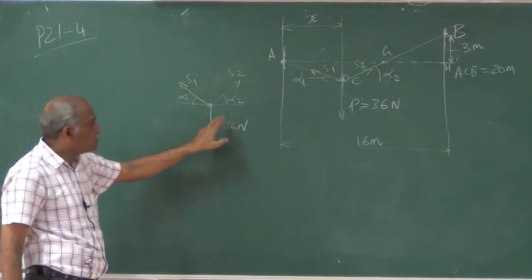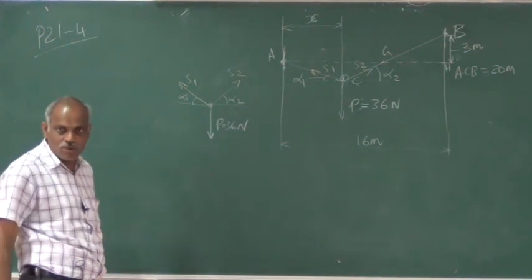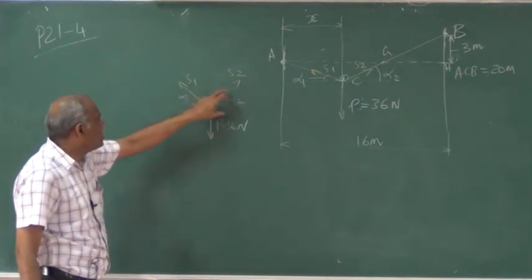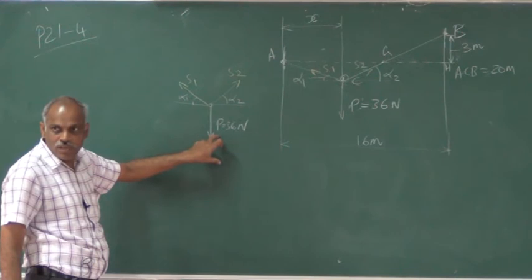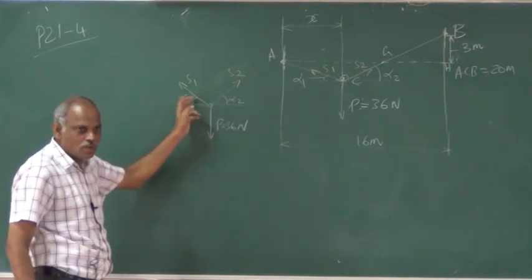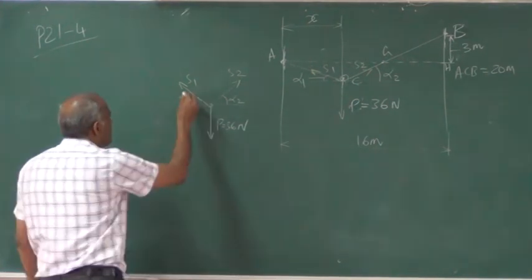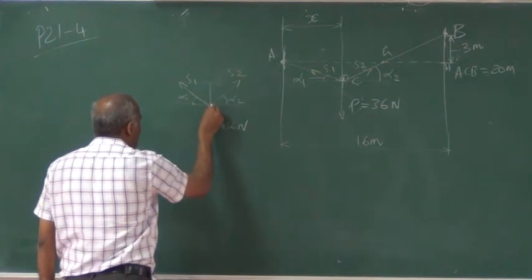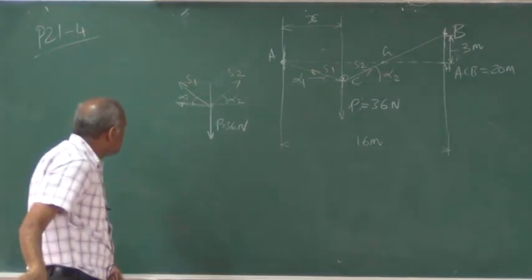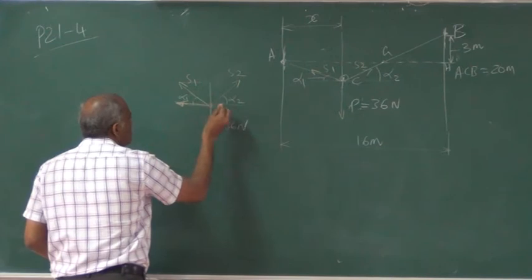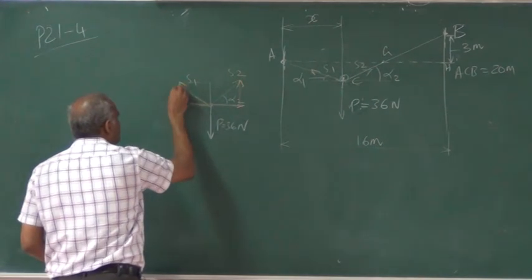S1 and S2, the tensions in the string, should produce an equivalent force for P, an equilibrium force, so that the net of these two produces a vertical force that cancels this P. In other words, if you resolve S1 and S2 into two rectangular components, you will have a horizontal component and a vertical component.